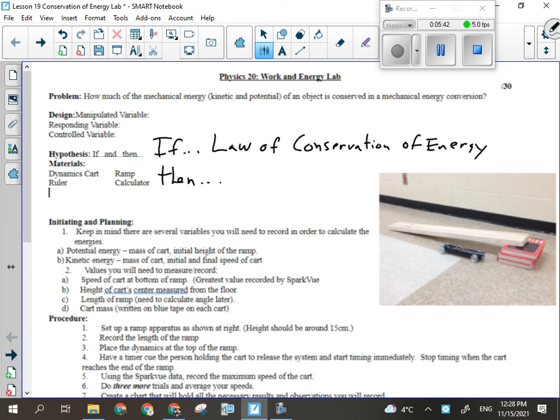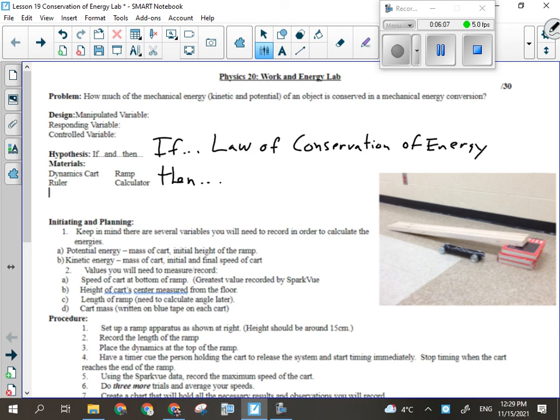Then the then part is going to be a bit longer. You have a choice in your then part. You can make your then part as though this experiment is operating in the perfect physical world. If you say that, obviously your data will not support your hypothesis, and that's okay as long as you say so in the conclusion.